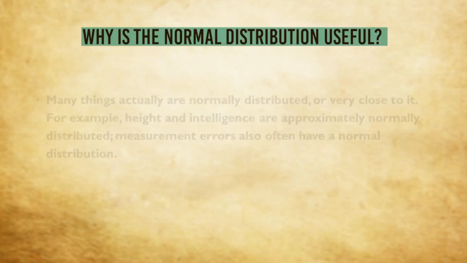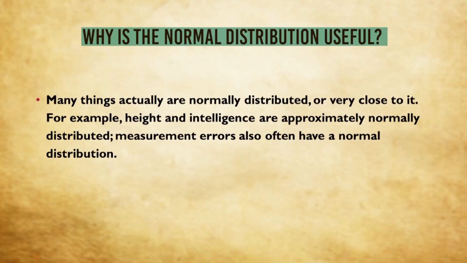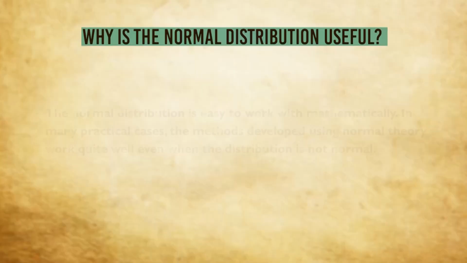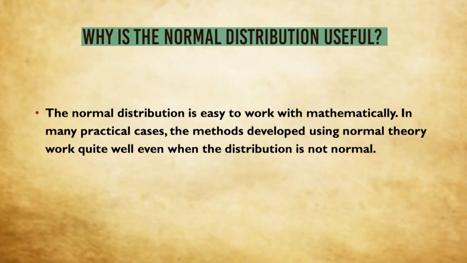Now, why are we studying normal distribution? Why is it useful? Actually, many natural phenomena are normally distributed. Height, weight, IQ, intelligence, everything, these are normally distributed. So that is why normal distribution is very important, because it resembles the real life situation. The normal distribution is very easy to work with.